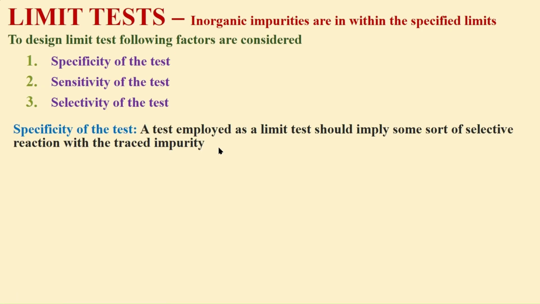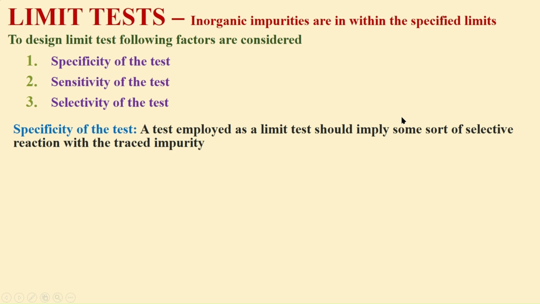Specificity indicates, as the name suggests, that the reaction should occur selectively towards a specific impurity. Like if I have sulfates as impurities, or halogen ions as impurities, the reagent we add should react specifically with either halogens or with sulfates.